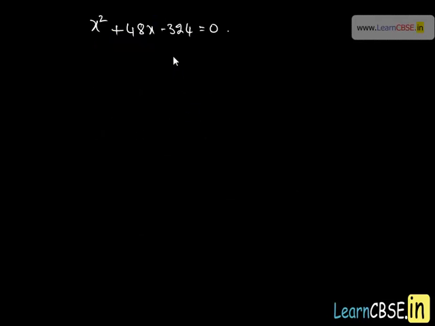Now let us factorize this quadratic equation, and we have the constant term negative 324. Its factors are 18 times 18. It is also 6 times 3 times 6 times 3. If we consider, we have negative 18 and here we have negative 6.